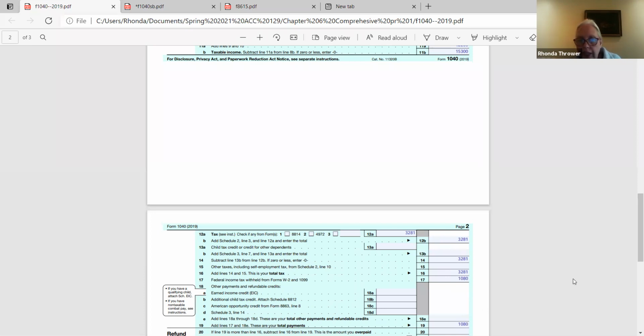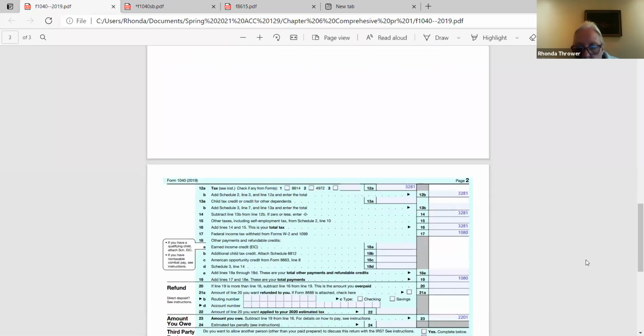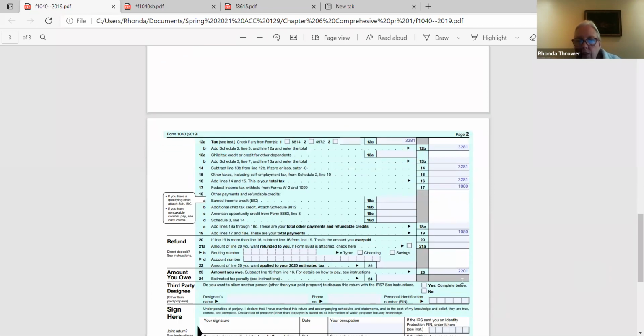So the difference between those is 2,201, which he still owes. This is the amount of tax that he owes. There were no payments in, and so line 19 was still the 1,080, and the difference between 1,080 and 3281 means that he still owes 2201.